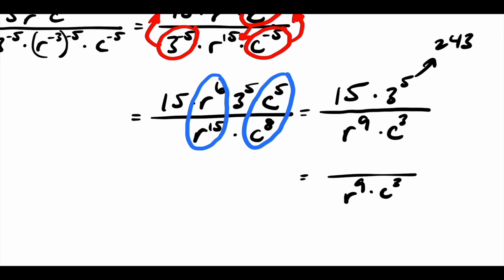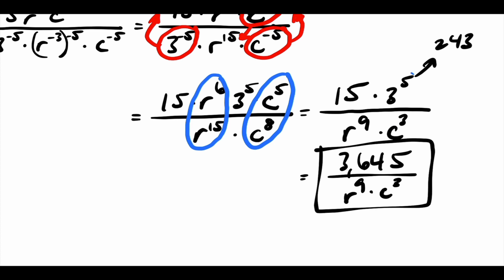So 243 times 15, and I get 3,645. So these two guys are multiplied together, and you get 3,645.